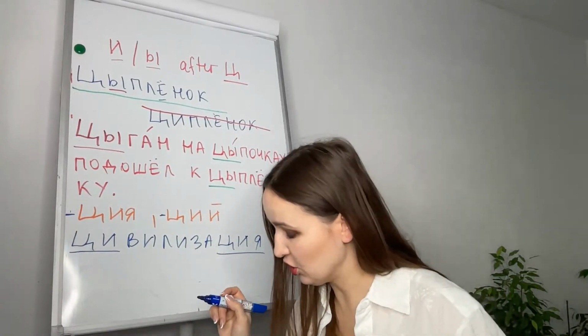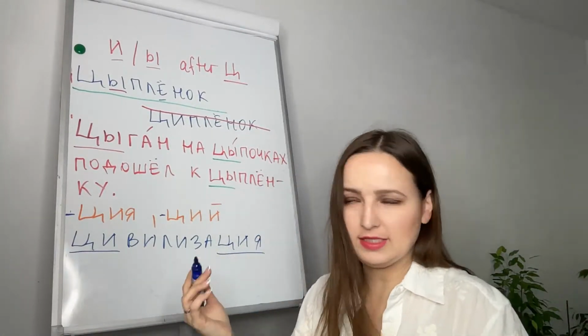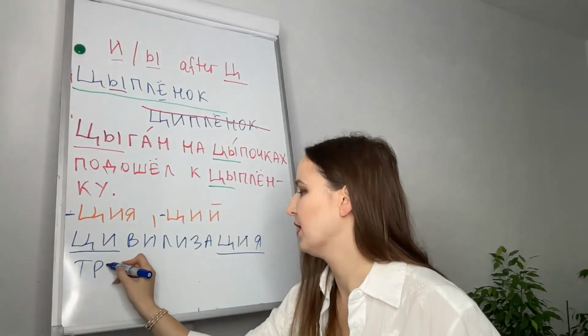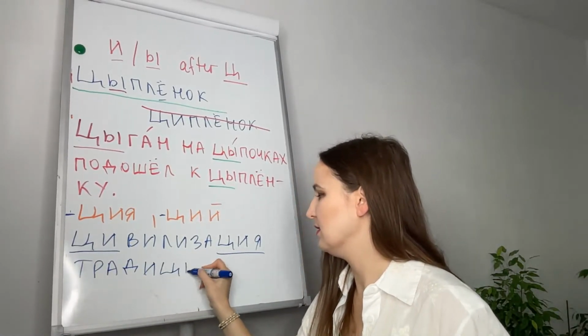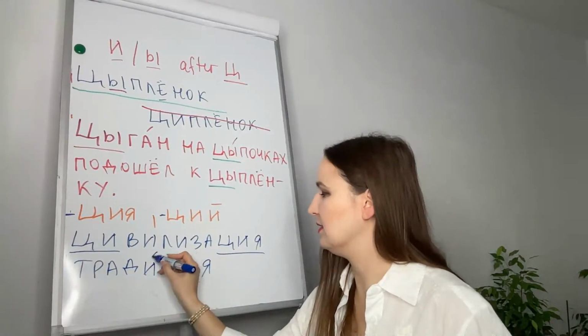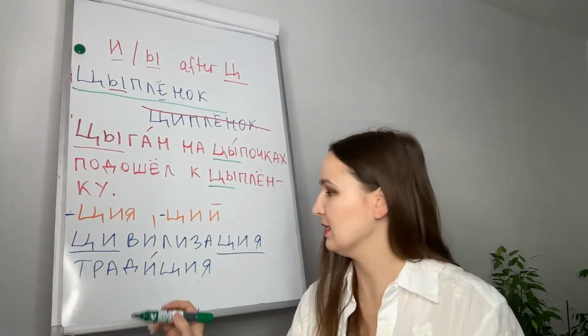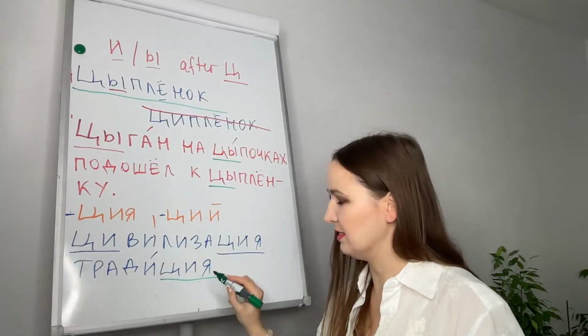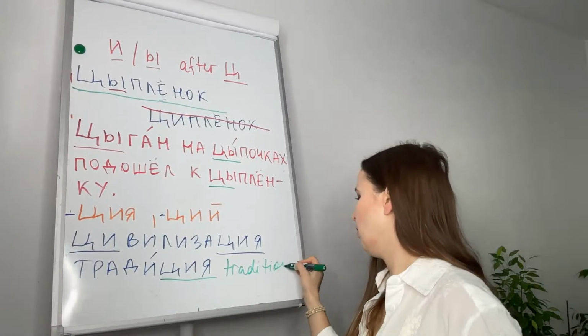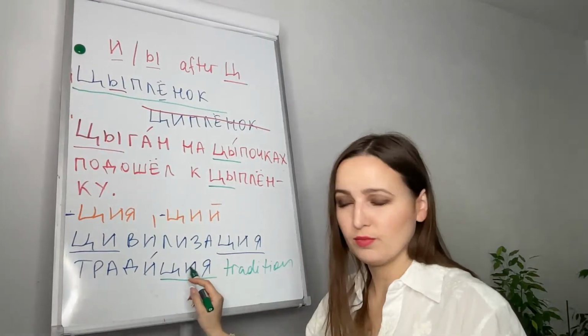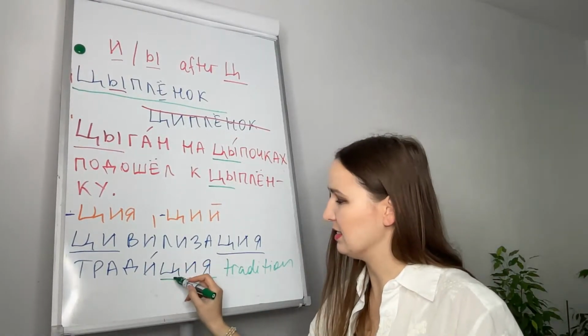Цивилизация, civilization, традиция, tradition. Традиция, again, we have this ending -ция here. Традиция is a tradition. And we will write it with И because it is in the ending -ция.